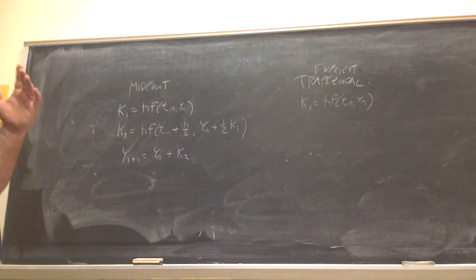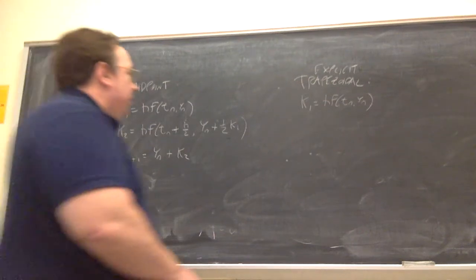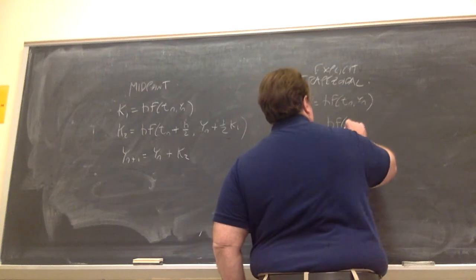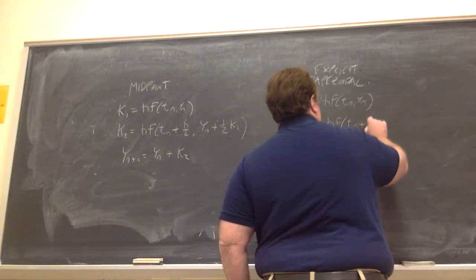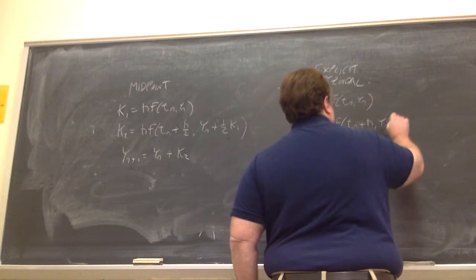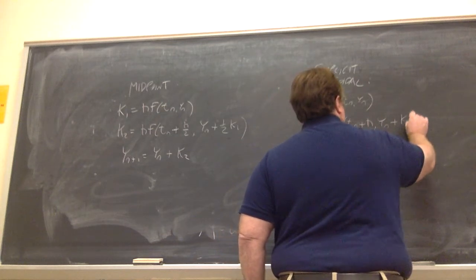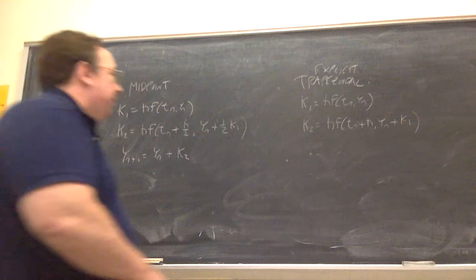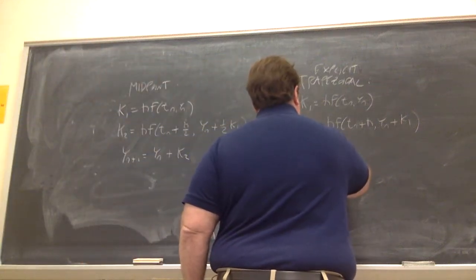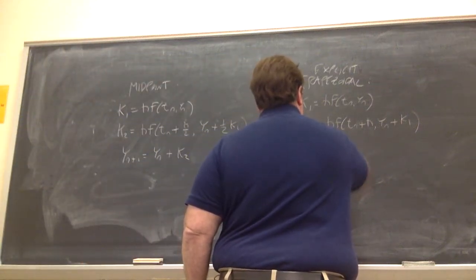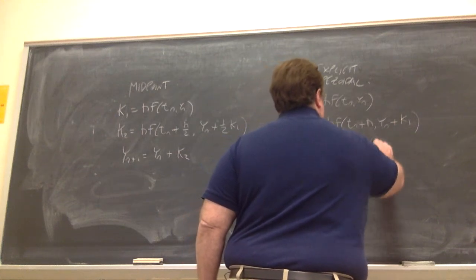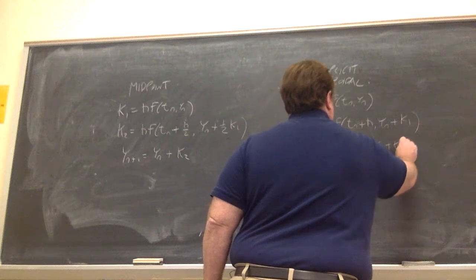Now, on the other hand, with explicit trapezoidal, our second stage is h F of (t_n + h, y_n + K1). And then y_{n+1} is equal to y_n + 1/2 (K1 + K2).